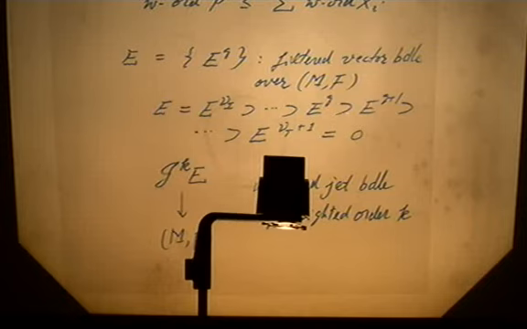So E is a filtered vector bundle over M, F. Then for this filtered vector bundle, we can define the notion of weighted jet bundle of weighted order k. Very naturally we can define the notion.